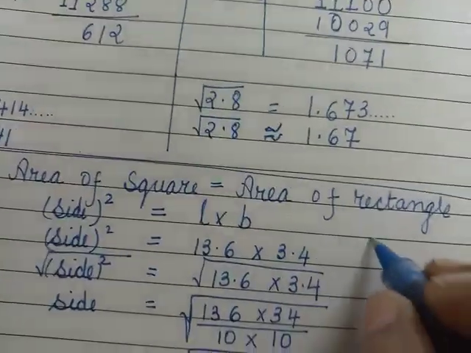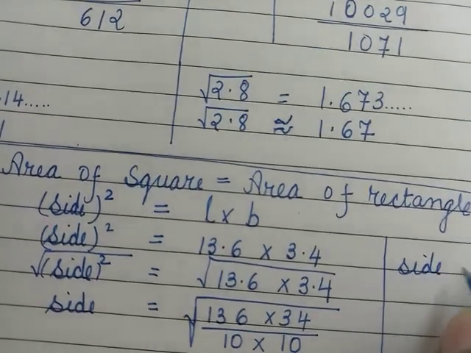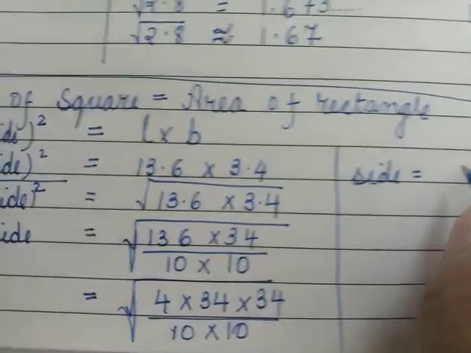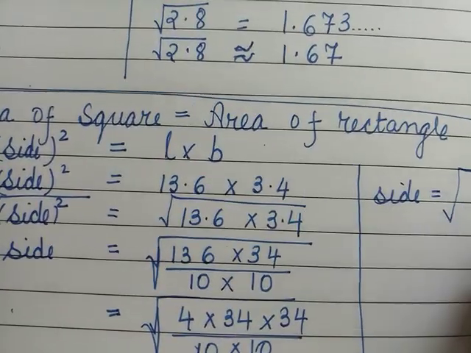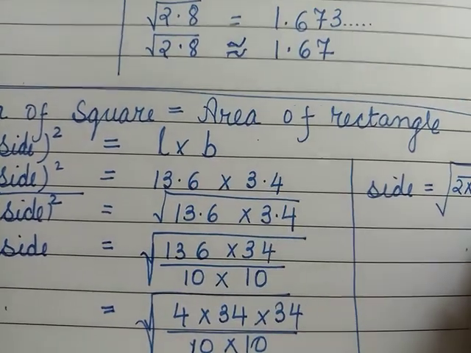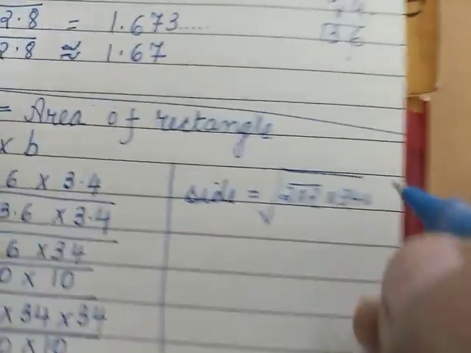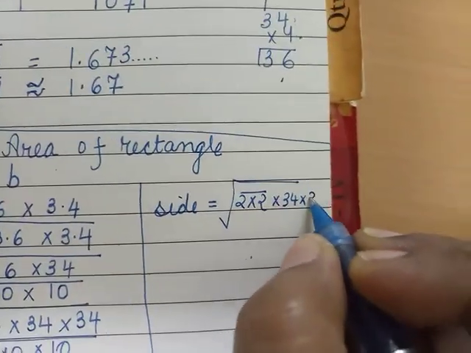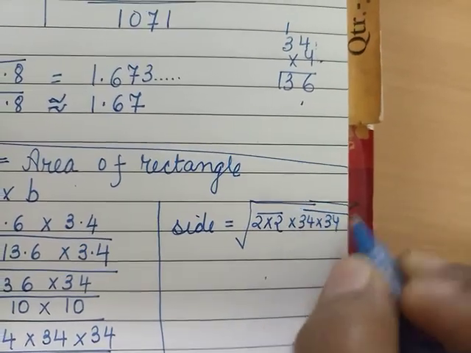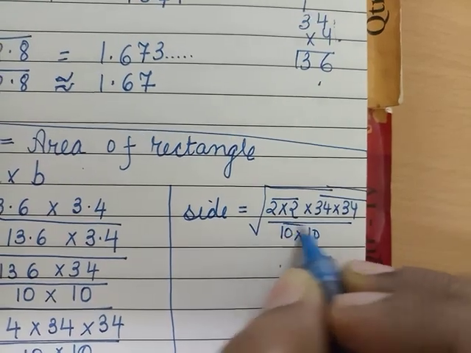Okay, so side is equal to, now we know very well 4 is 2 into 2, and we got the pair of 34 also, 34 into 34, and we got the pair of 10 also in the denominator.